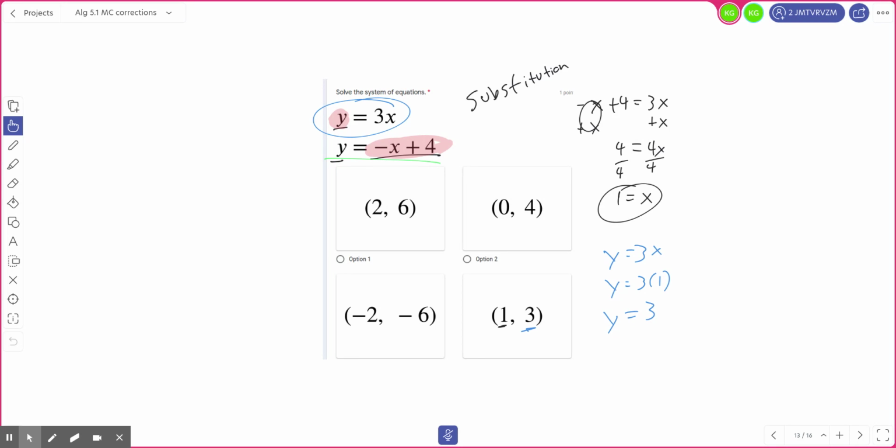Just to double check it, I'll plug y equals 3 and x equals 1 into the second equation. Negative x is negative 1 plus 4, and 3 equals negative 1 plus 4. Well, negative 1 plus 4 is 3, and 3 equals 3, that's true. So everything checks out. The answer is option 4.